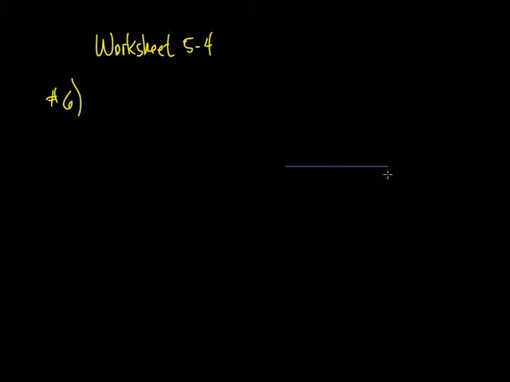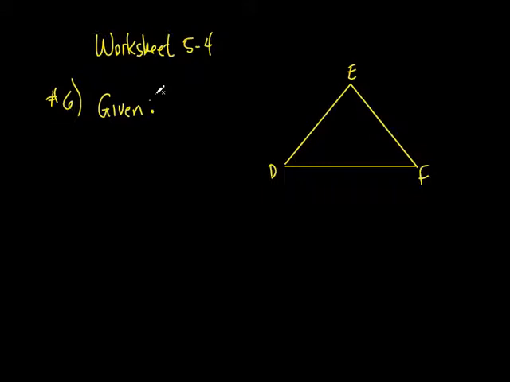So let's do a triangle right here. Here's a triangle. Let's label it DEF. And they tell you the given. Now remember, what did we say was some of the best times to do an indirect proof? It's when you're trying to prove that something is not equal. When you're trying to prove that something is equal, usually you can do it directly.